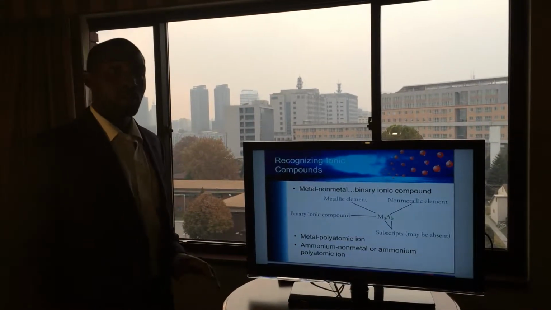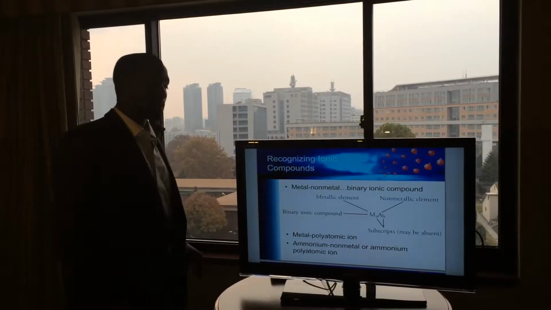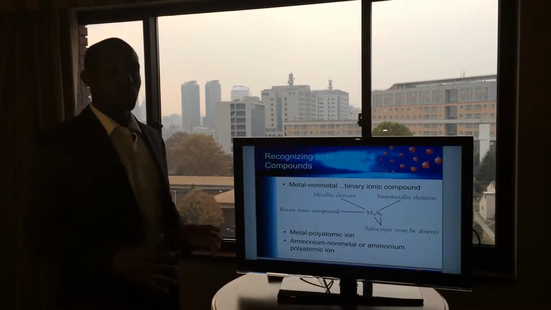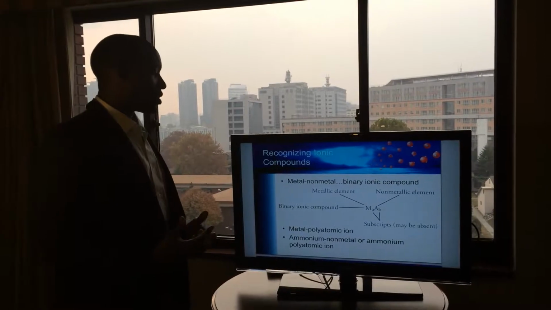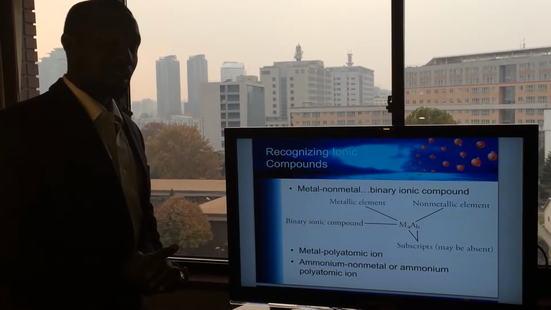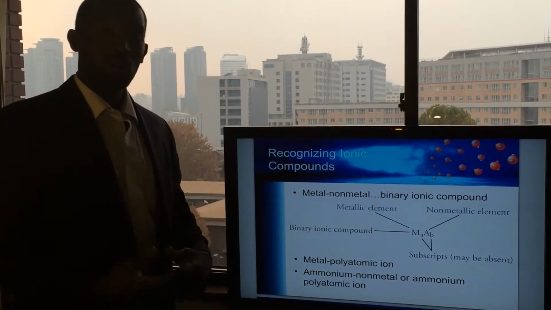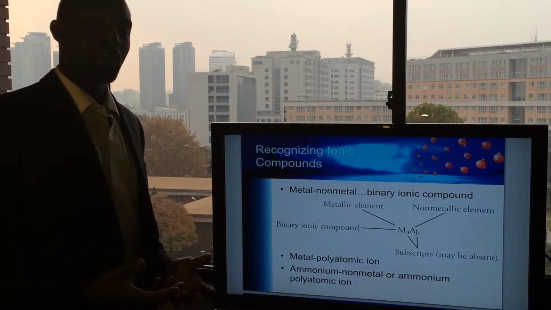At this portion of the lecture, we want to be focused on recognizing ionic compounds. So essentially we need to be able to distinguish what type of compound we have. There are four types. There's the metal, non-metal, also known as binary ionic compounds.